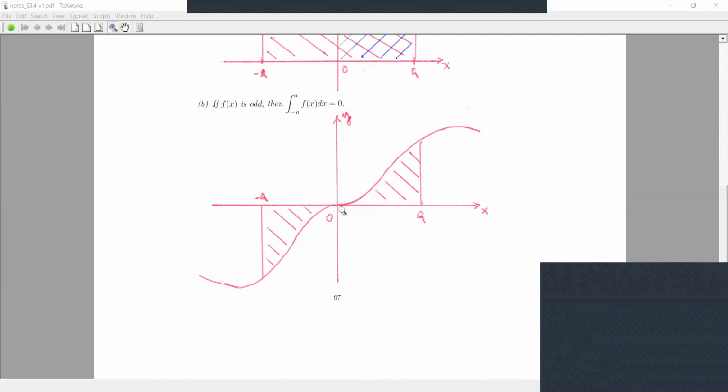Because the curve is symmetric about the origin, area above is equal to area below. So the net area, above minus below, is 0. Therefore, this integral is 0 when the function is an odd function.